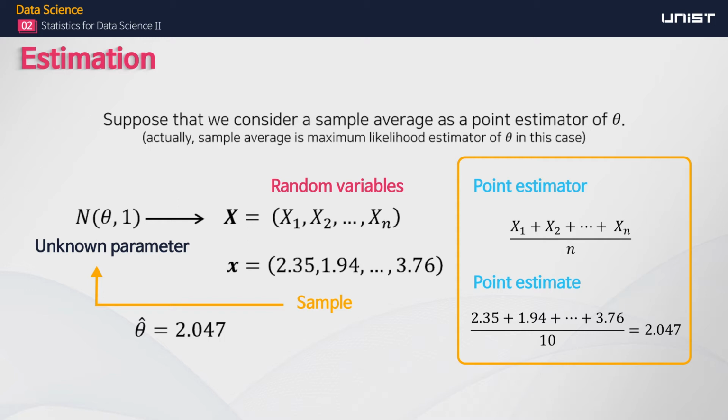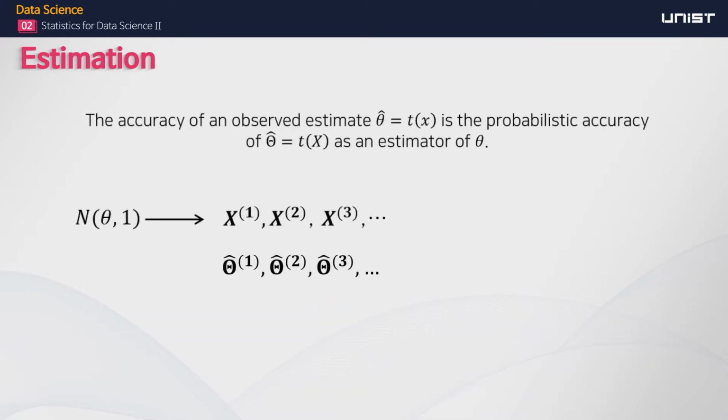Now we are interested in the accuracy of the point estimate. We are curious about how accurate the value 2.047 is. By definition of frequentist inference, the accuracy of the estimate is the probabilistic accuracy of uppercase theta hat as an estimator of theta.